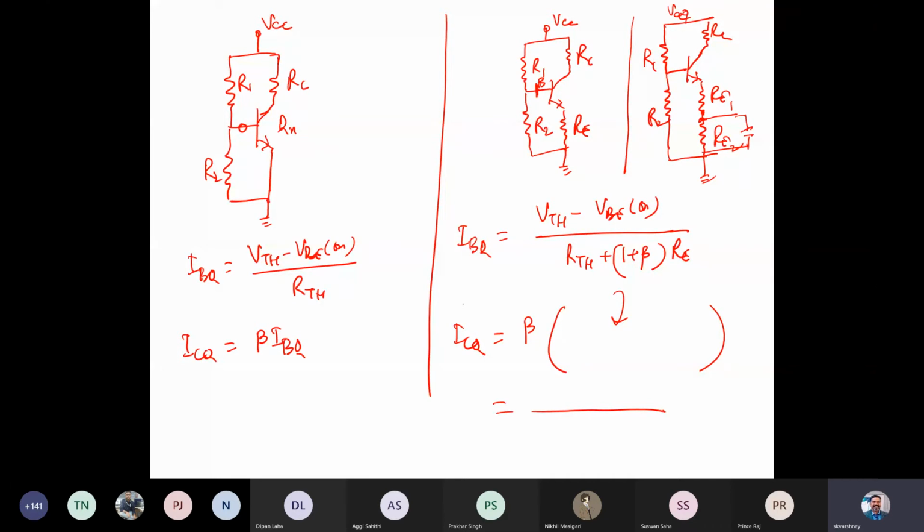So let's try out one example. Everyone try out. I'm drawing the circuit: VCC, RC, R1, R2, RE.